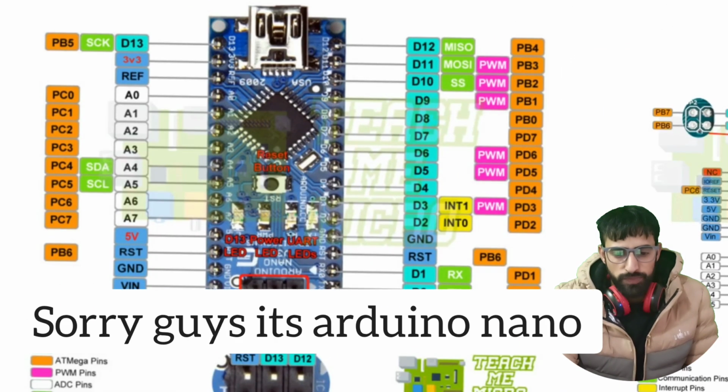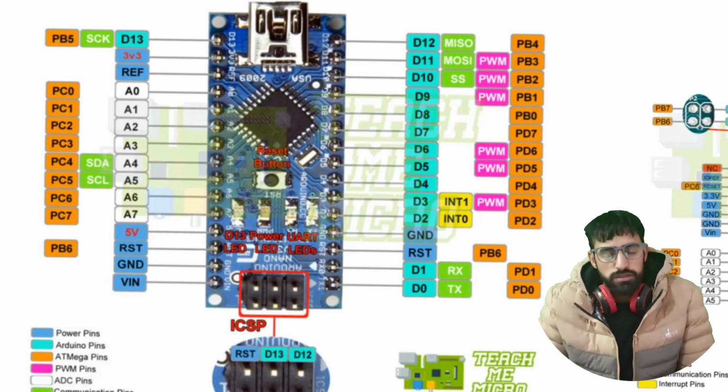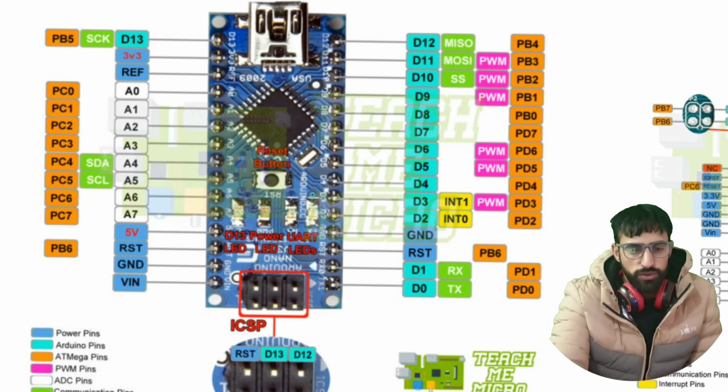You can see here, Arduino Uno has 13 digital pins and 8 analog pins, A0 to A7. Here you can see A0, A1, A2, A3, A4, A5, A6 and A7 pins.